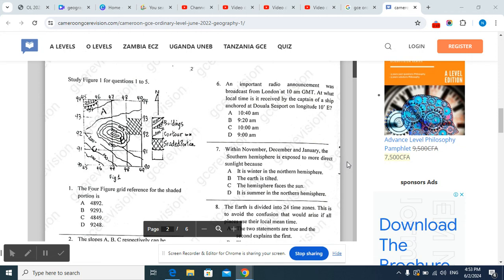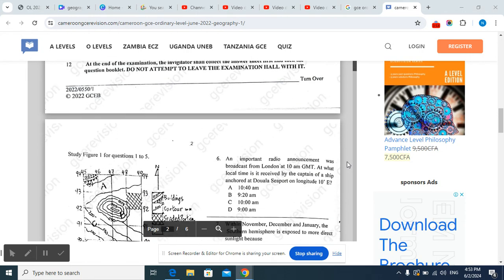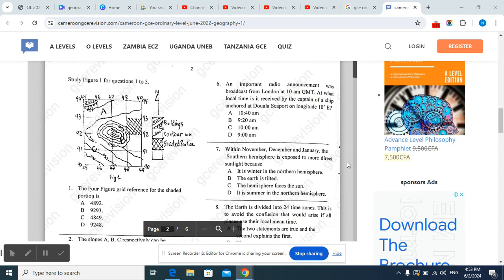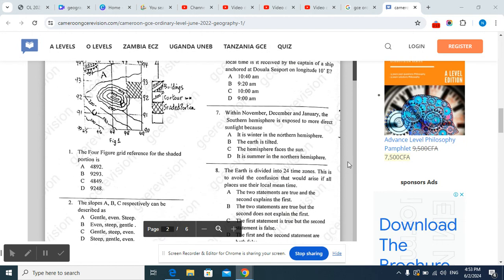Number 8. The earth is divided into 24 time zones.